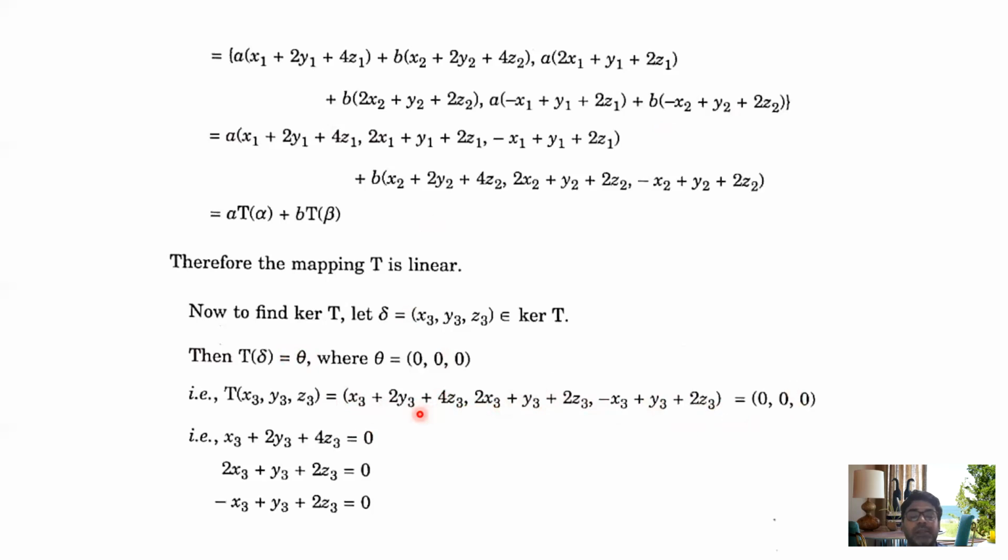Comparing component-wise, you may write x3 plus 2y3 plus 4z3 equal to 0, 2x3 plus y3 plus 2z3 equal to 0, minus x3 plus y3 plus 2z3 equal to 0. So what is our target? Our target is to find the values of x3, y3 and z3.